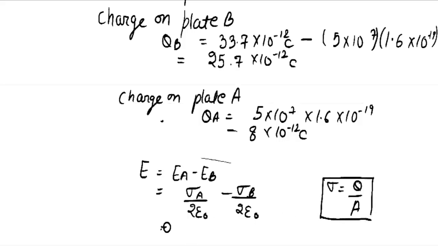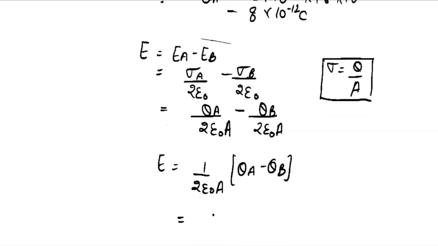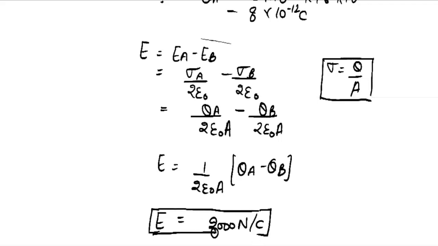So we can take out the common terms: QA divided by 2 epsilon naught A, where A is the area, and QB divided by 2 epsilon naught A. Taking the common term out, 1 by 2 epsilon naught A times (QA minus QB), and after solving this we are left with 2000, and this is the magnitude of the electric field, because the question asks for the magnitude of the electric field.